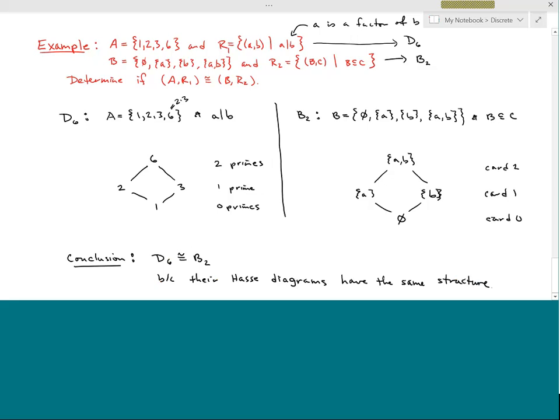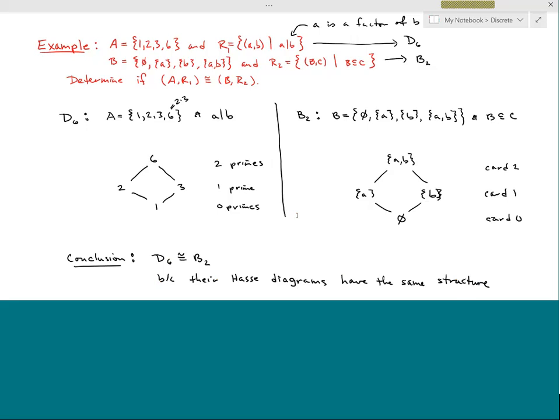But let's face it, what we're actually looking for is, do these two pictures look the same? Yep, they both look like sort of squares on point or little diamond shapes. The difference, notice though, is the labels on your four vertices correspond to whoever your building sets were. Notice also the actual partial order is not even close to the same, but structurally you get the same poset behind the scenes. Okay?